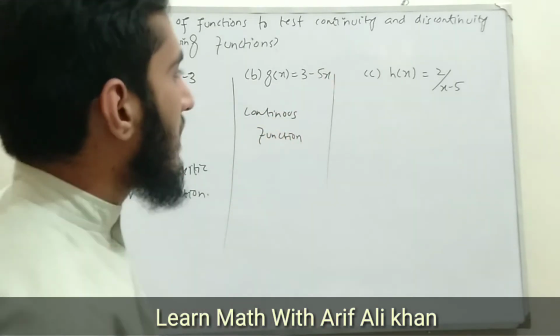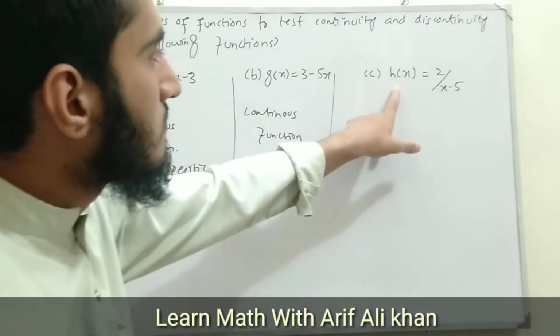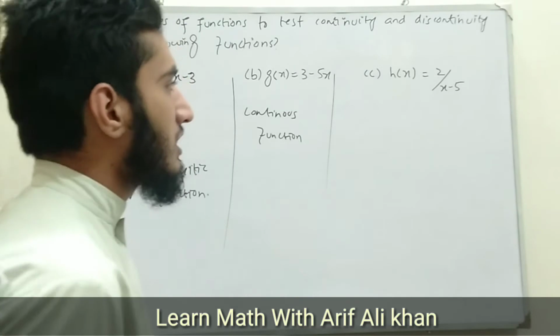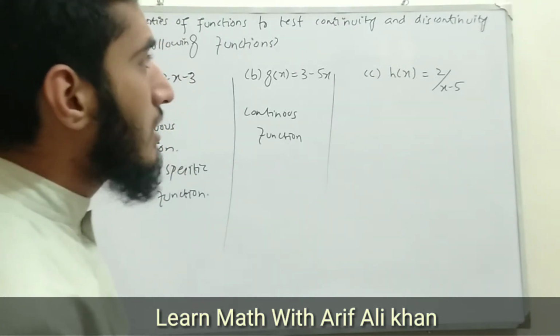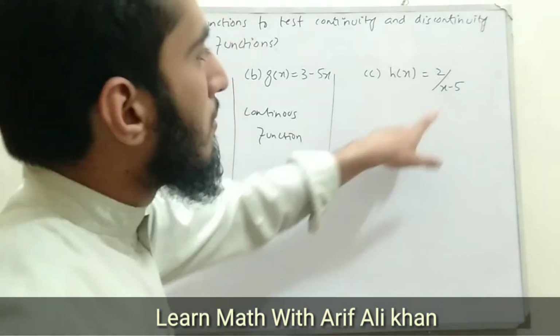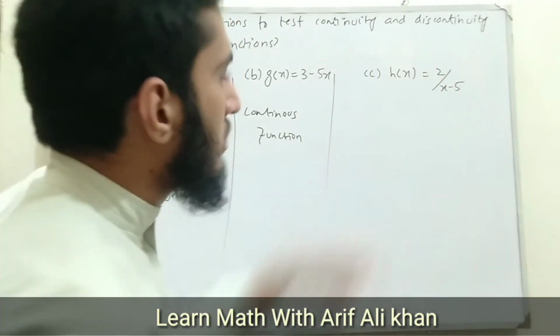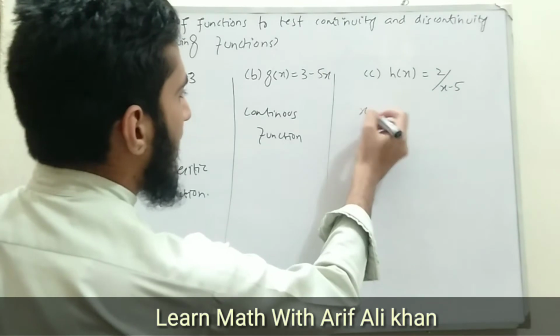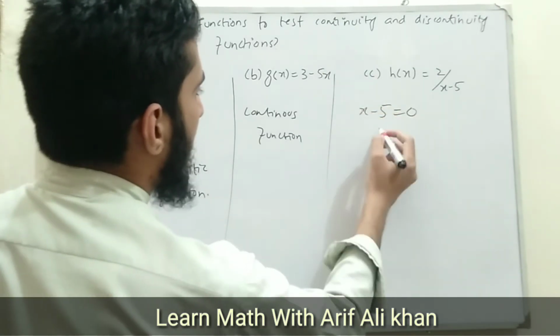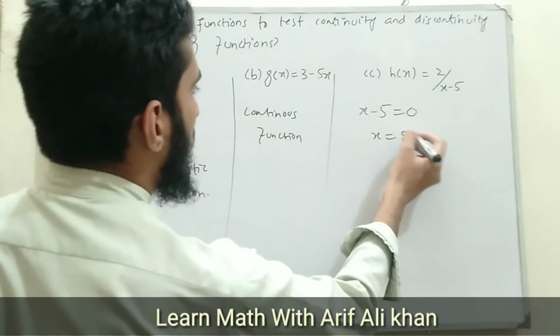Now move toward part C of question number 5. Here h of x is equal to 2 divided by x minus 5. This function is discontinuous, but we are going to find the value at which this function is discontinuous. How can we find it? We make the denominator equal to 0. So x minus 5 equals 0; shifting 5 to the right hand side, the value of x will be equal to 5.